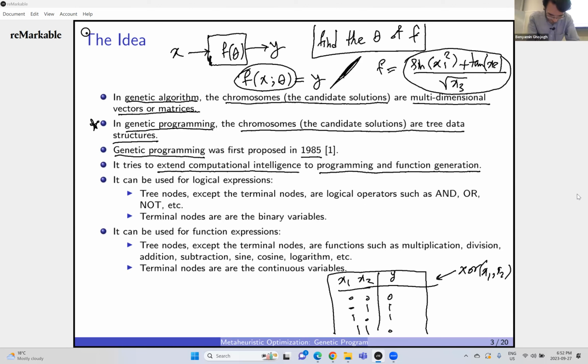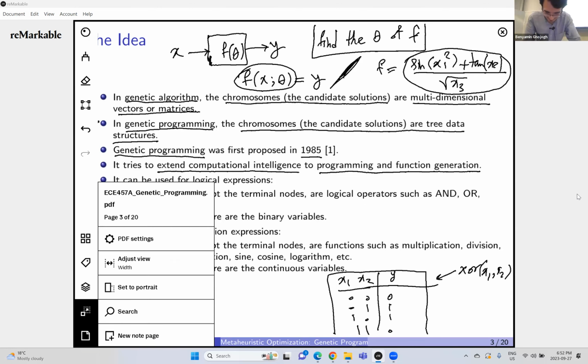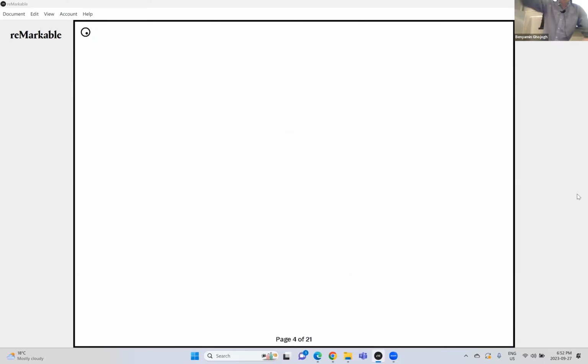Let me open a page. Give me some function. Oh, you were saying? So you are saying that it's because the next generation of the solutions are dependent on the previous generation.